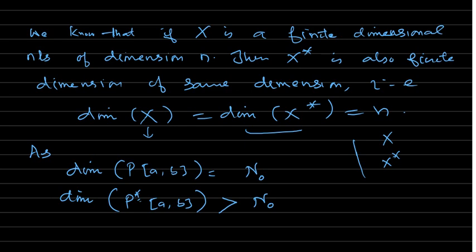So the dimension of P star is greater or equal to c. Next cardinal after aleph naught जो है वो c है. C is the cardinality of the set of real numbers. Okay, uncountable.